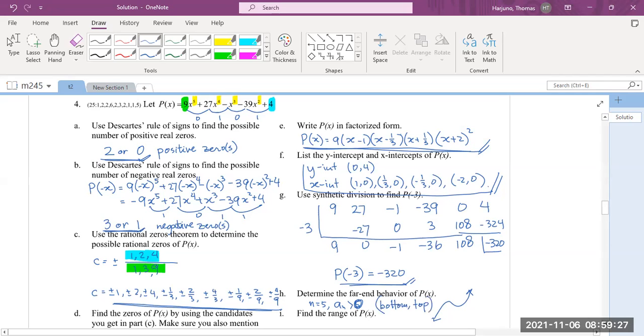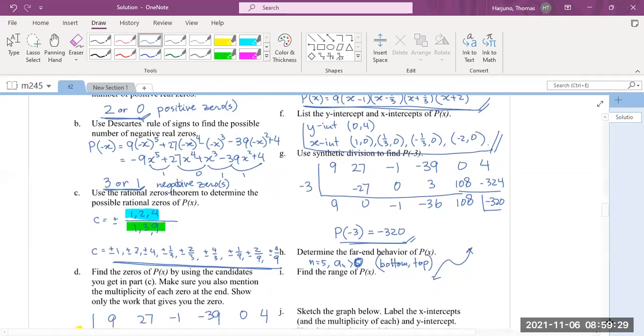Because the far end behavior is bottom top, it covers from -infinity on the very far left and goes up to positive infinity on the far right. Therefore, the range will be all real numbers.